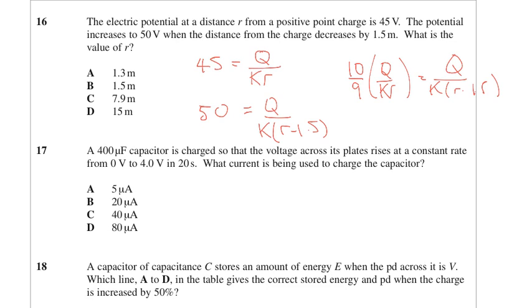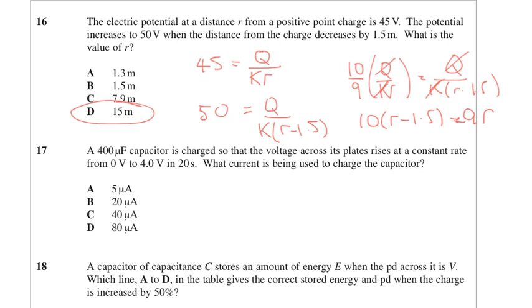So we can cancel the Q's, we can cancel the k's. So we end up with 10(r minus 1.5) is equal to 9r. So when we rearrange those, 1r is equal to 10 times 1.5, which is going to be 15 meters, which is answer D.